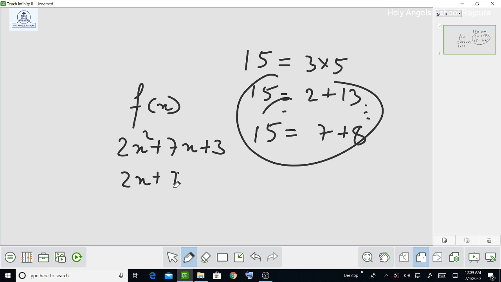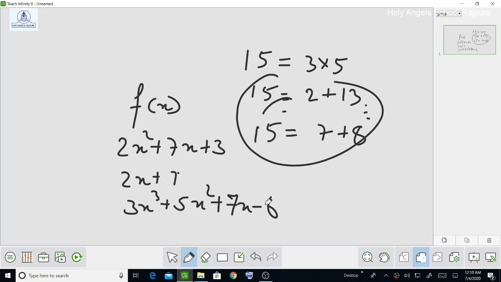And the variable can have a higher power, like 3x cube plus 5x square plus 7x minus 6. It is also a polynomial, known as a cubic polynomial. In this case the highest power of x is 3.